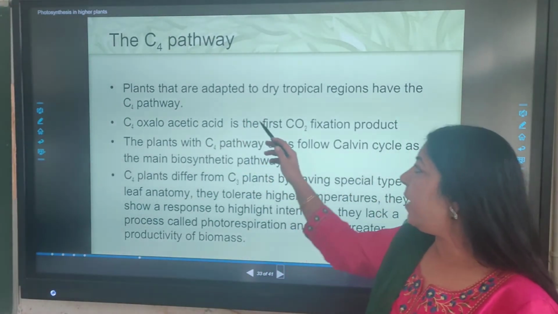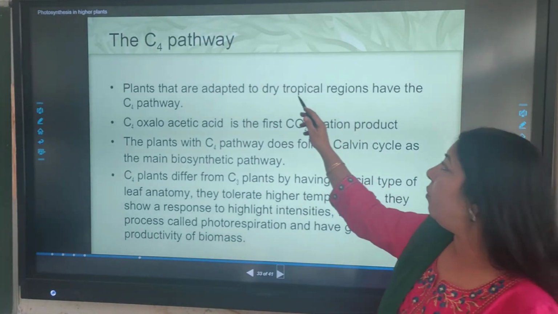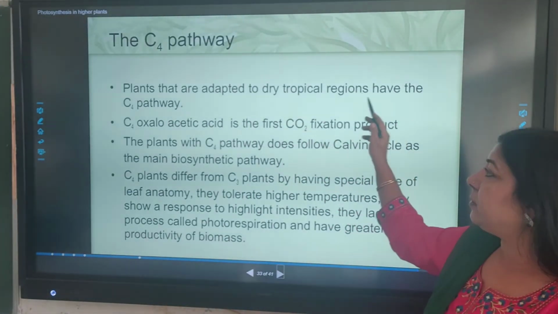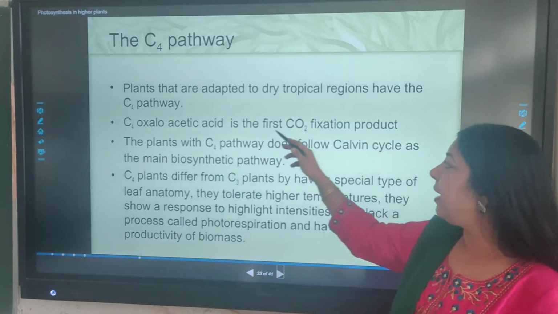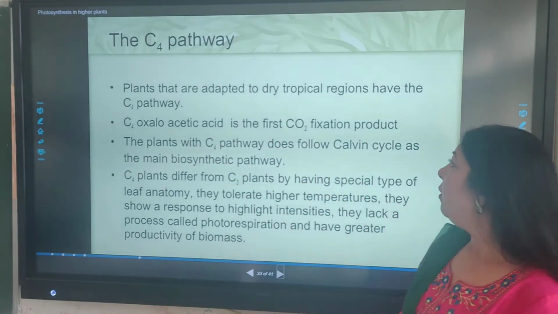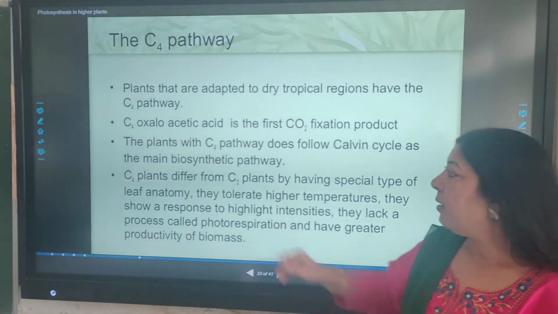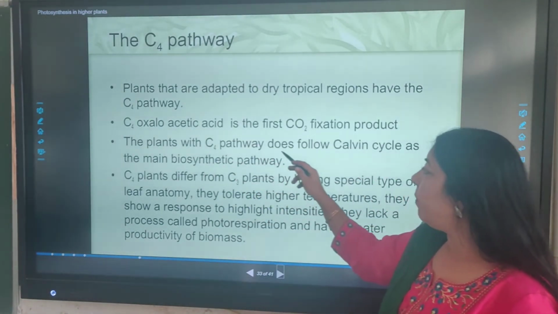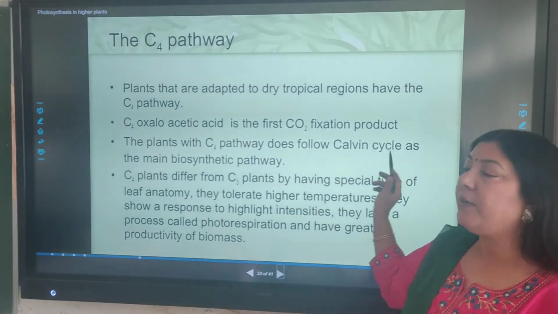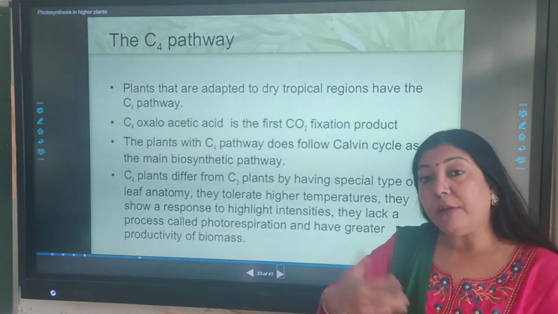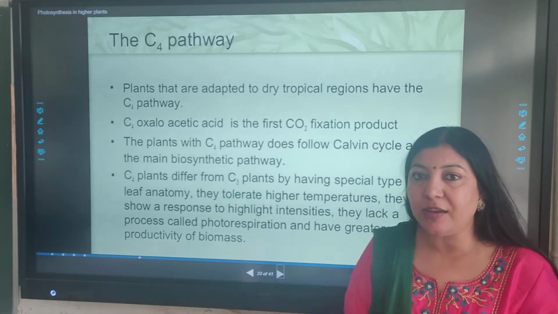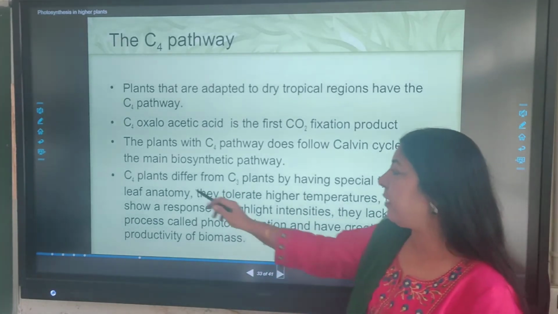So these C4 plants are adapted to dry tropical regions, and the C4 acid, that is oxaloacetic acid, is the first CO2 fixation product. The plants with the C4 pathway do follow the Calvin cycle because that is the main biosynthetic pathway. Apart from C3, there is another cycle, that is the C4 cycle.